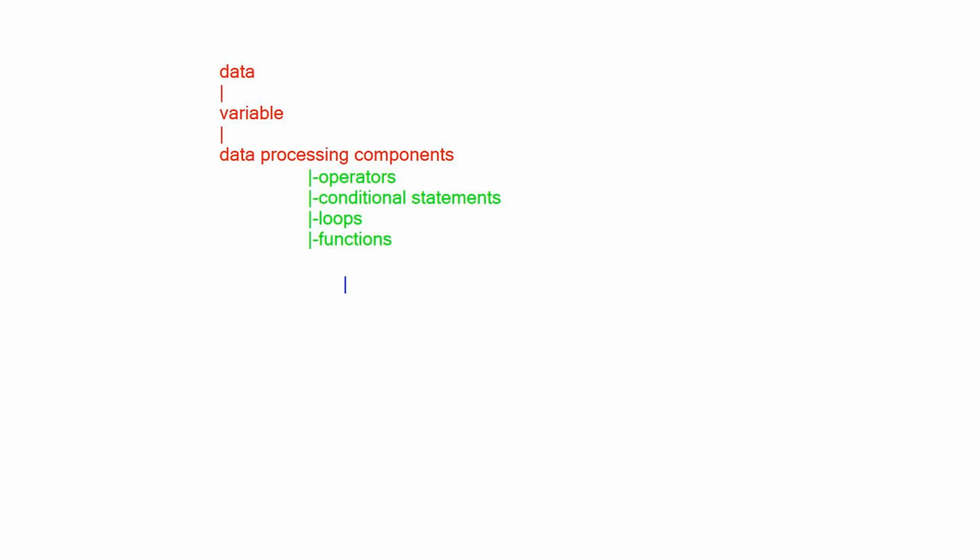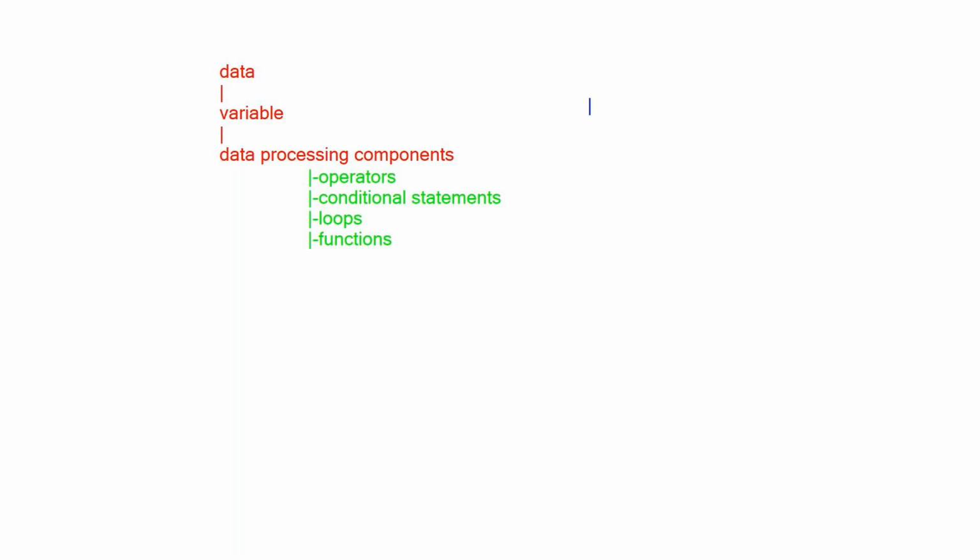If anyone wants to become a best programmer, they must be good at these four components. Without command on these four things, trying to become a best programmer is a waste of effort.